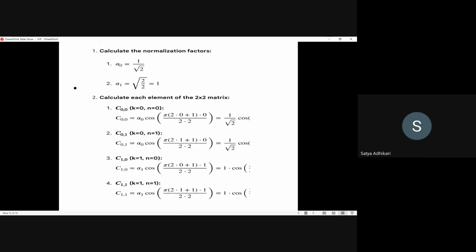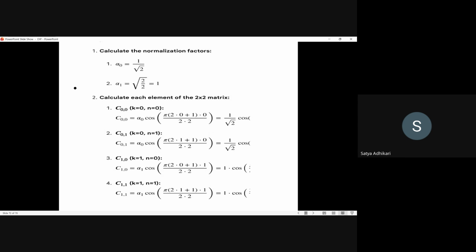So you will get the same value because 0 is multiplied in the numerator. So 0 by 4, you will get 1 by root 2 cos 0. It is 1 by root 2 into cos 0, which is 1. So 1 by root 2. So the first and second have produced the same result.